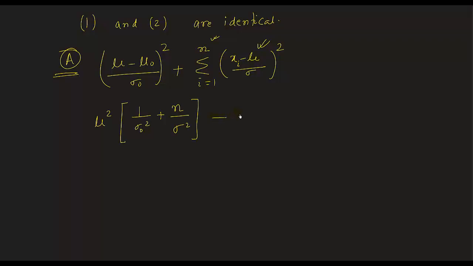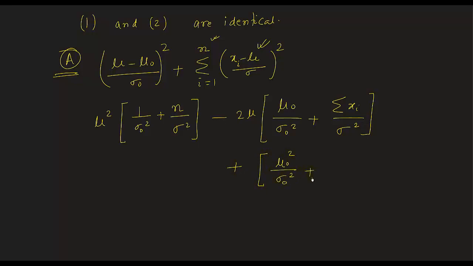And the other term we will have is minus 2 mu times (mu naught by sigma naught square plus summation of xi divided by sigma square). And the other terms we will have are mu naught square divided by sigma naught square plus summation of xi square divided by sigma square.